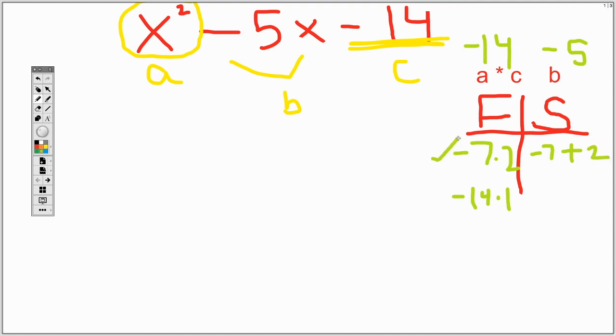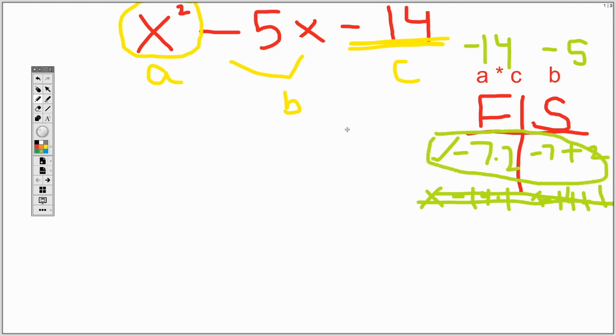Yes, it does. Then we can also try negative 14 plus 1. No, that does not. That results in negative 13, so we can eliminate this. But these two factors do work. So what I would write is x minus 7 times x plus 2. And there you go, you got your answer.